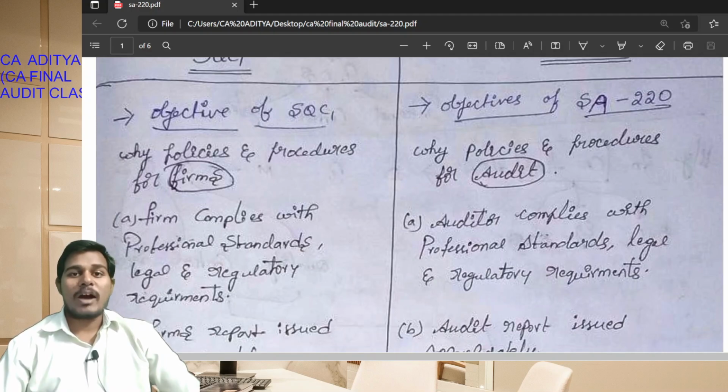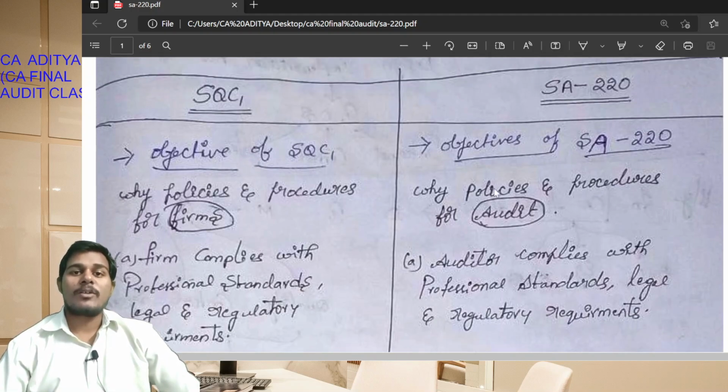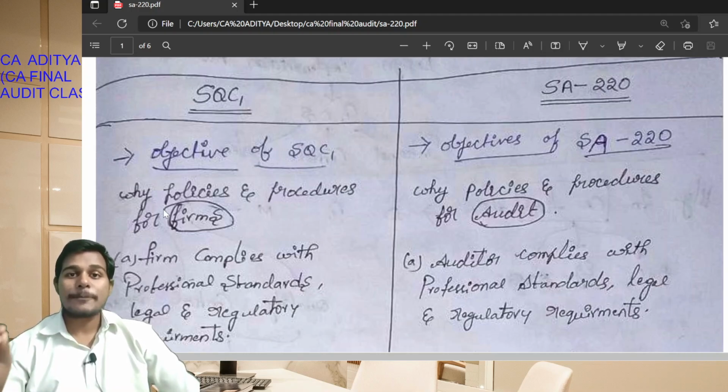See students, what is the objective of SQC 1 and what is the objective of SA 220? Objective means what are the policies and procedures as per SQC 1. Why the policies and procedures?